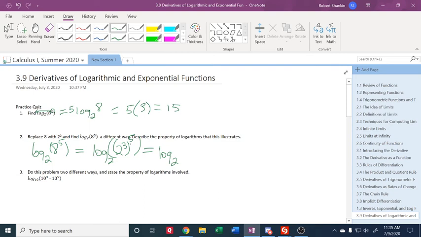Power to a power: imagine 2 to the third, visualizing it out. It's 2 times 2 times 2, 3 times. Now that set of numbers, 2 times 2 times 2, gets written out 5 times. So there's 15 2's. So power to a power, we multiply the 3 and the 5 together, 3 times 5.